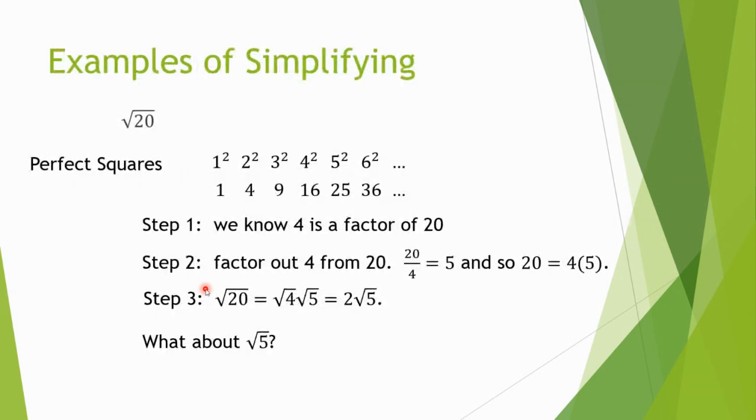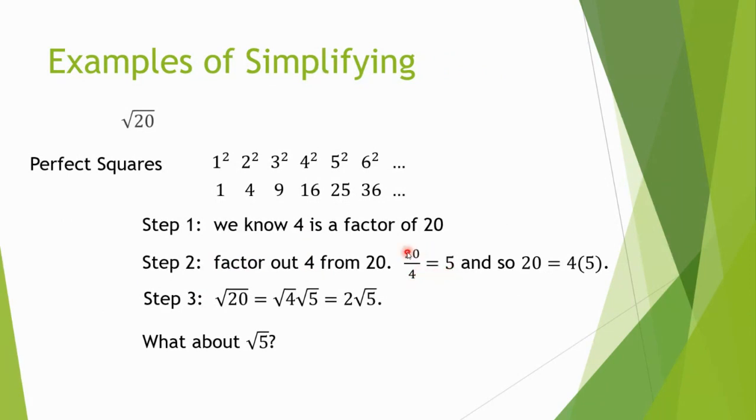So here's radical 20. We're going to simplify that. We already know 4 is a factor of 20. So we're going to factor it out. How do you factor it out? It's really just like what we did with polynomials. You have to divide to see what's left over.